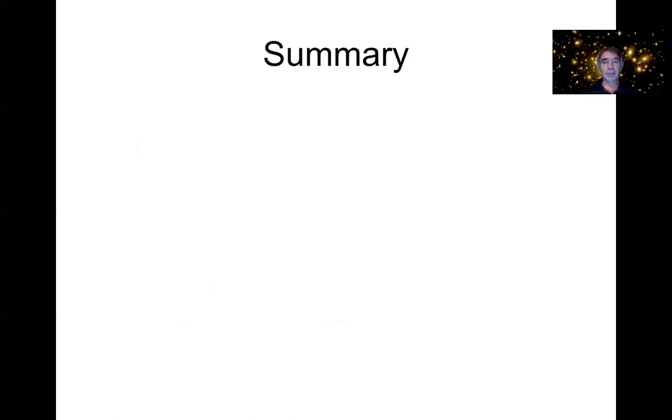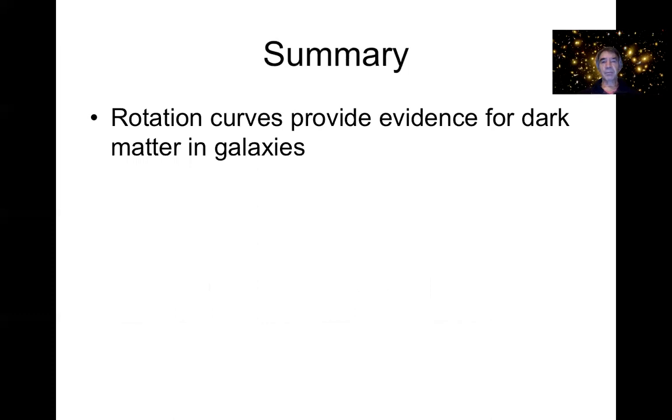So let's summarize. So in this last lecture, we've recapped the idea of rotation curves in individual galaxies, like spiral galaxies, to directly show us that there is dark matter in individual galaxies. So you need about 5 times as much mass as there is in the visible stars to explain the dynamics of individual galaxies.